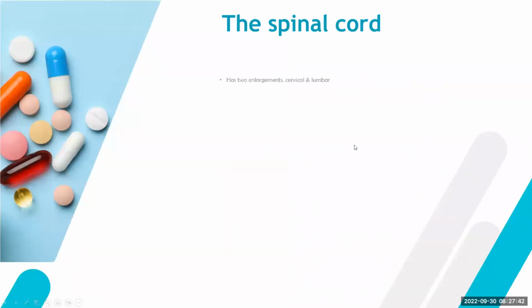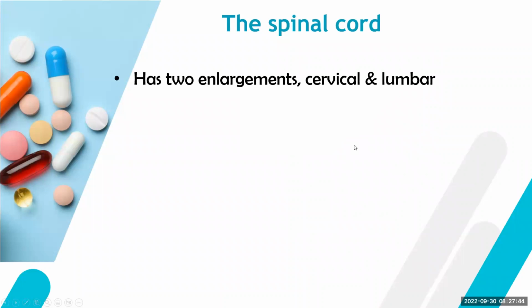Now, when you look at the spinal cord itself, it is enlarged in 2 places. It is enlarged in the cervical part of the spinal cord, and this is called the cervical enlargement. And then we have a lumbar one in the lumbar region. And why is that?